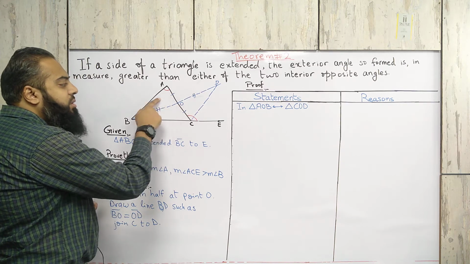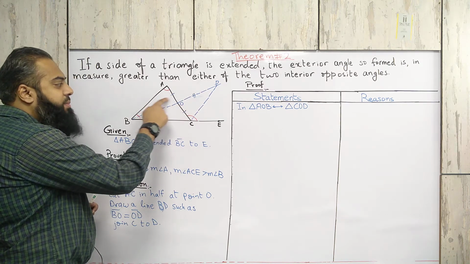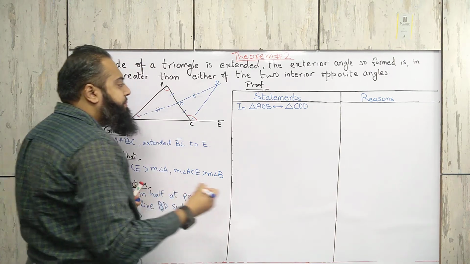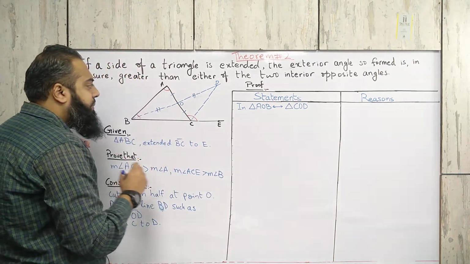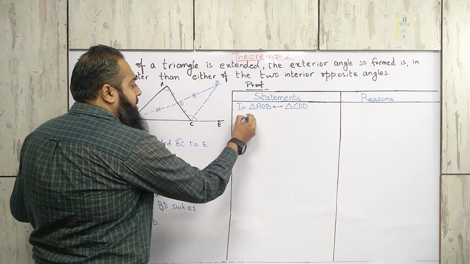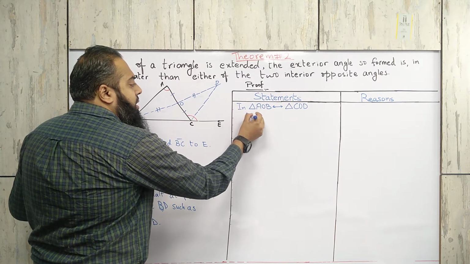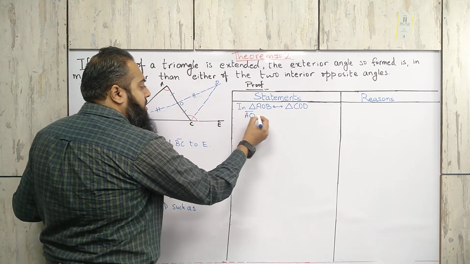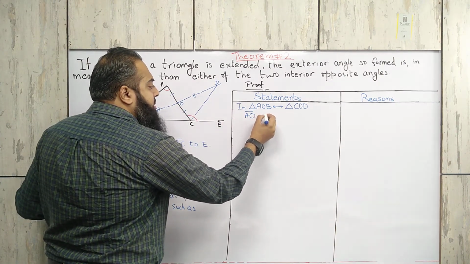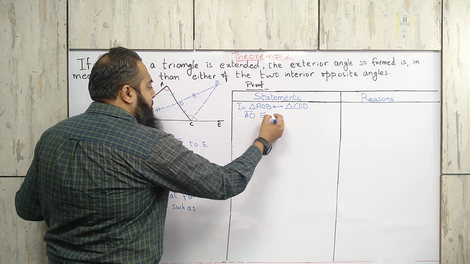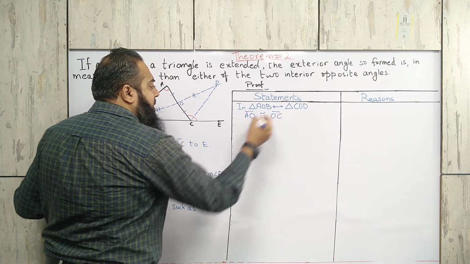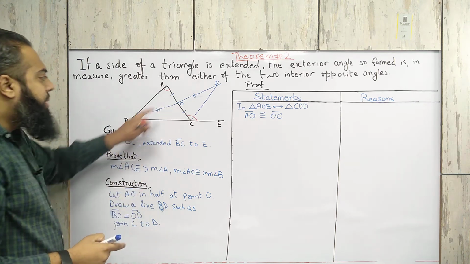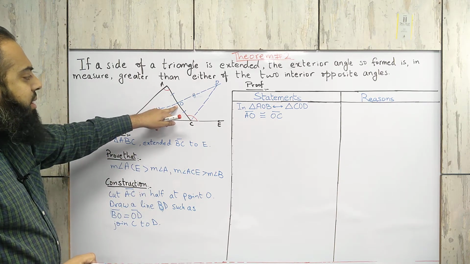Both triangles are in correspondence with each other. So therefore, we can clearly see that line AO is congruent to OC, as we have given that both are equal, because point O is the midpoint.